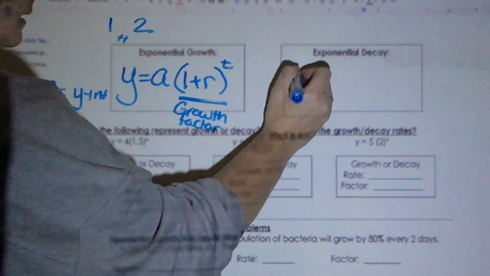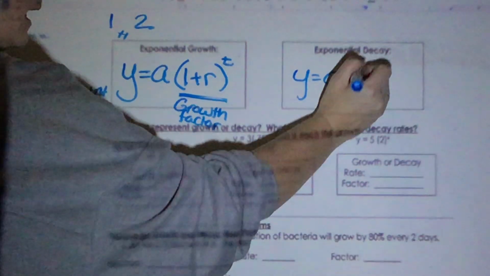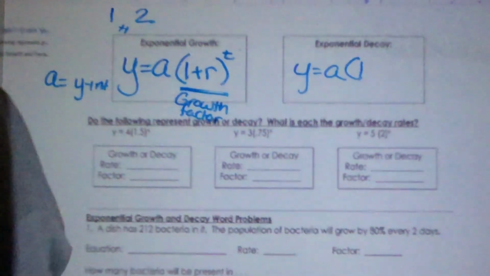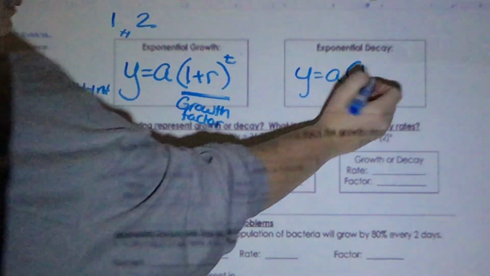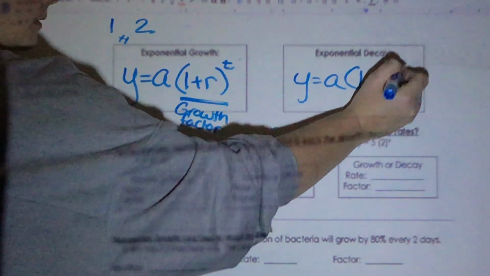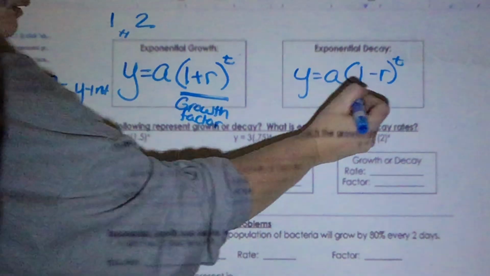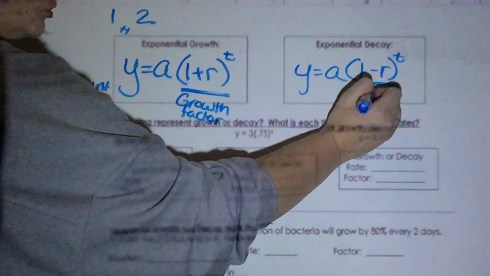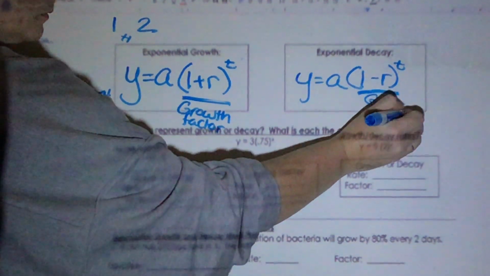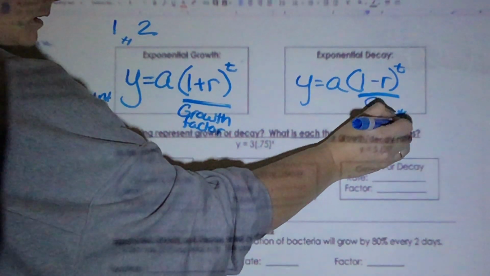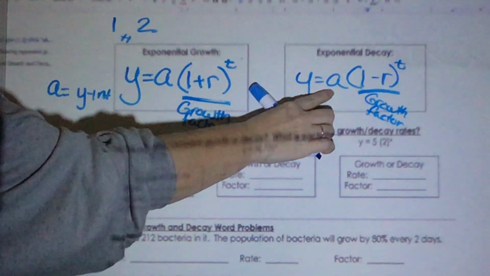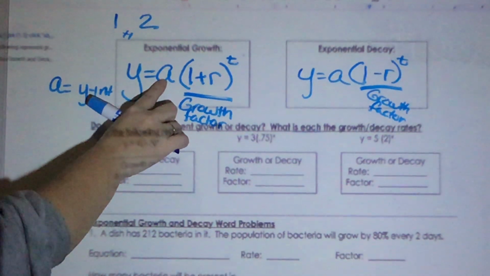Exponential decay is y equals a times 1, but instead of adding the rate, we're going to subtract the rate over each time period. Again, the whole parentheses is called your growth factor. A is always going to be our starting number, our y-intercept.